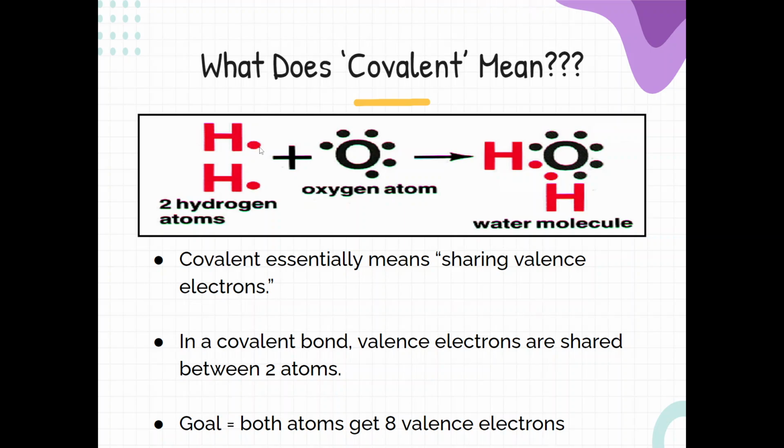This hydrogen and its 1 valence electron is going to get shared with this single valence electron on oxygen, forming a single covalent bond between the hydrogen and the oxygen. The same thing happens with the other hydrogen and the other single valence electron on oxygen. Those 2 valence electrons end up being shared and form a second covalent bond between oxygen and another hydrogen, which creates the water molecule, H2O.